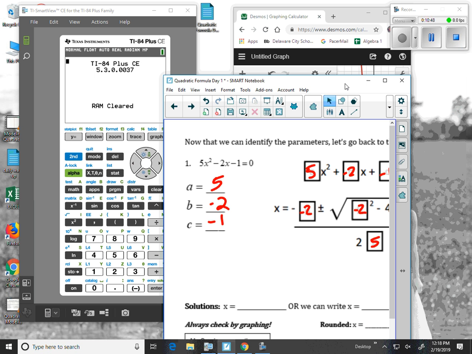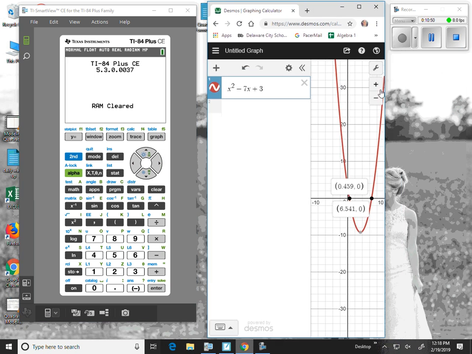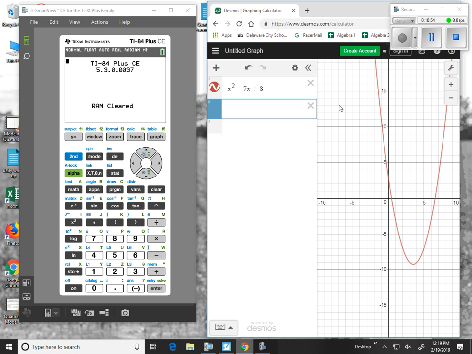Let's take this guy. Okay, so if you're putting it in on your calculator, we're only doing the part under the radical. Everybody say under the radical.